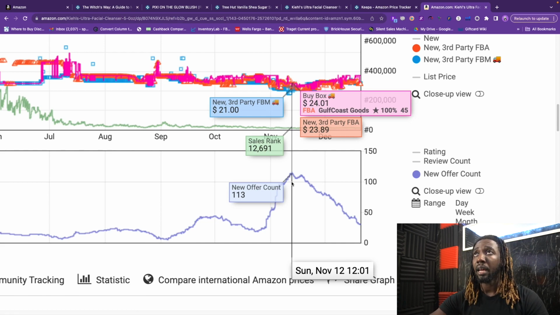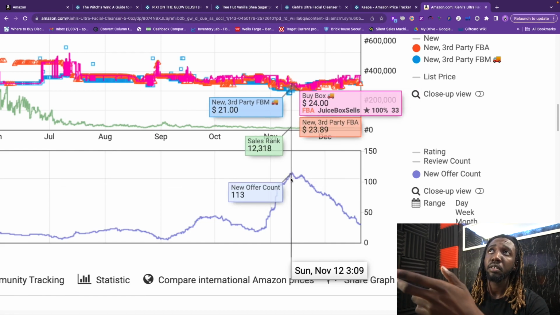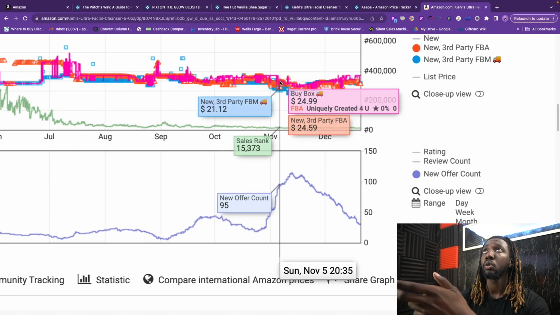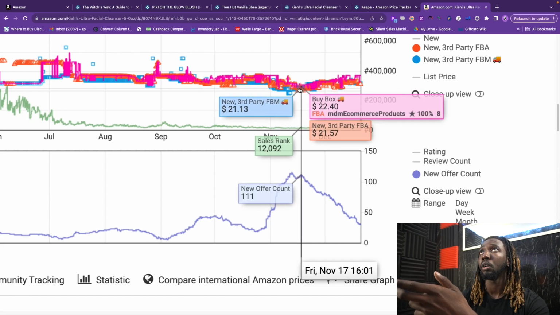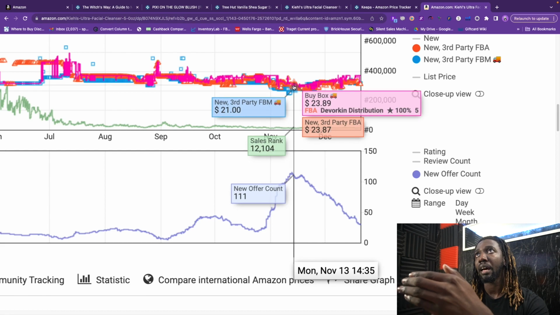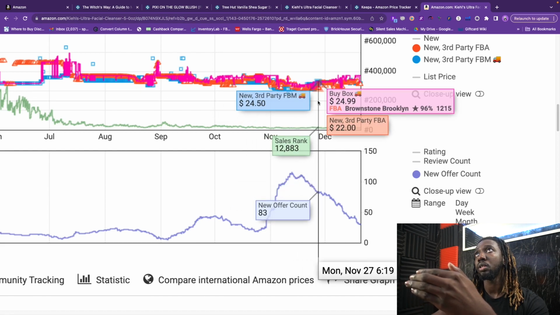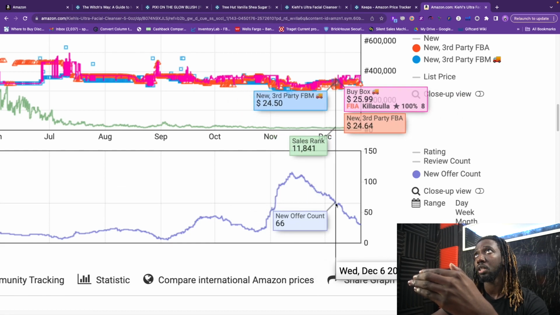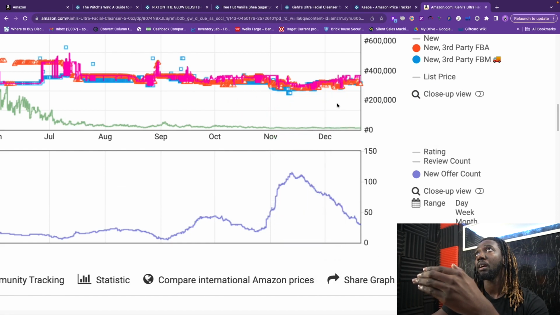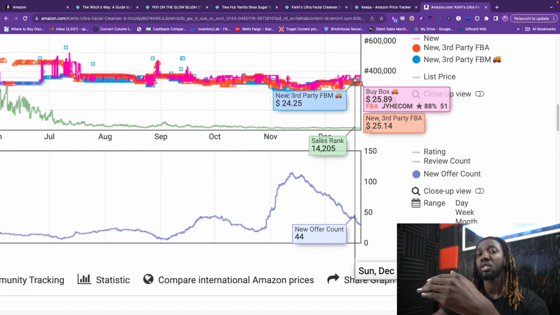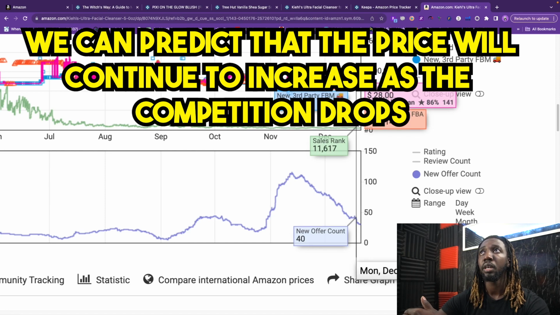So supply and demand right here, there was a lot of supply, and typically what happens when there's a lot of supply, you'll see a bit of a dip in the price, right? But once the competition starts dropping like it is here, you'll see the price up there on the chart gradually increase as well, because there's less competition on the listing at this point.